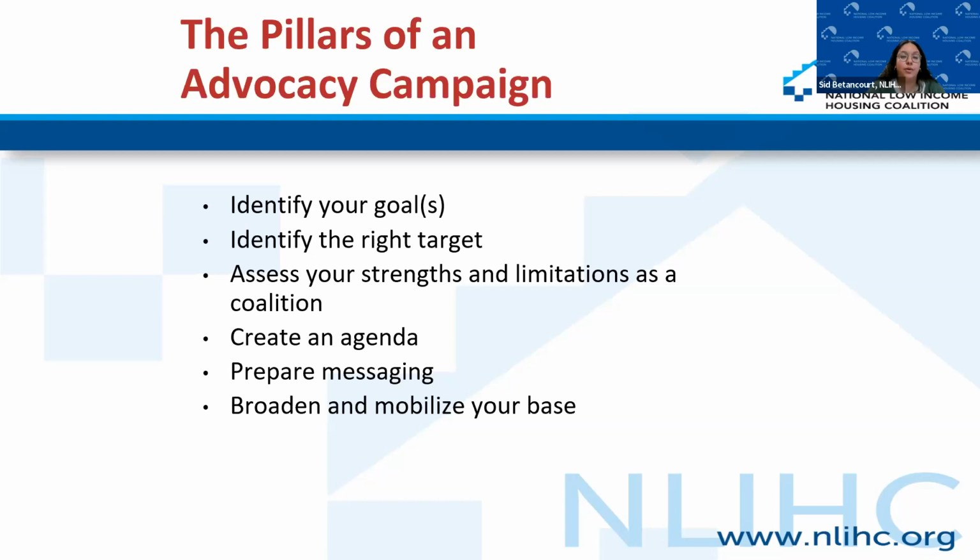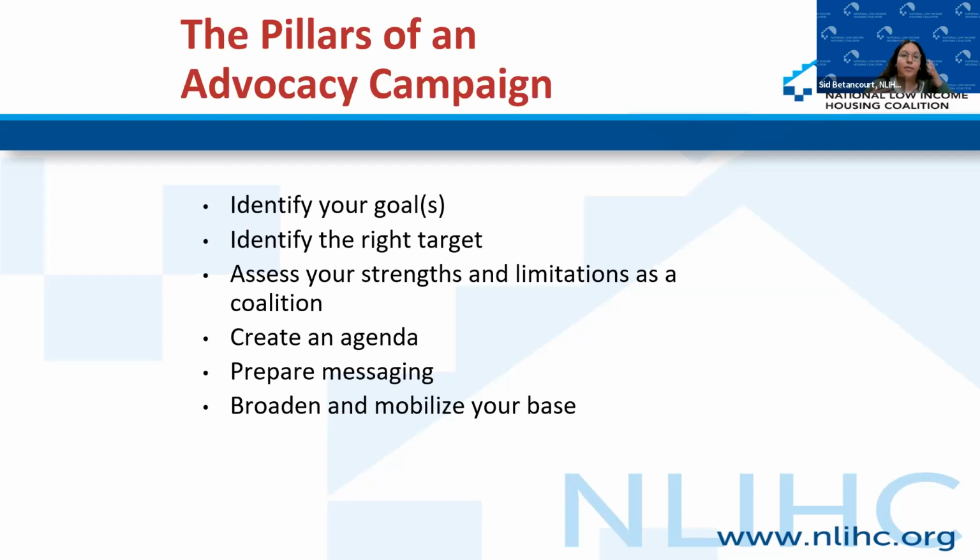But in order to create a campaign, there's a lot of different things that go into it. When you're engaging your members of Congress, the first thing that you really want to make sure of when you're creating a campaign is looking at what your goals are and whether you're trying to create long-term change or short-term change.